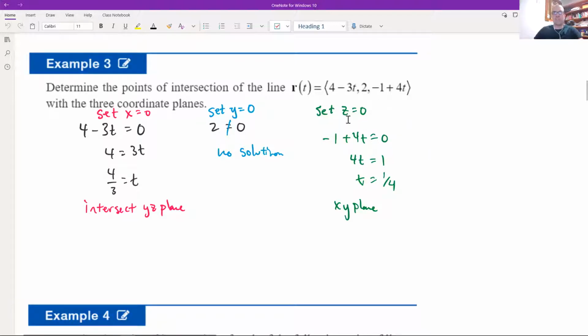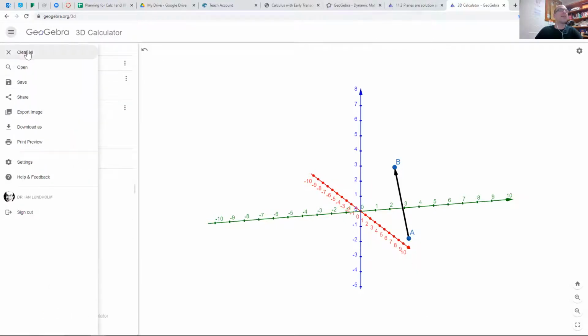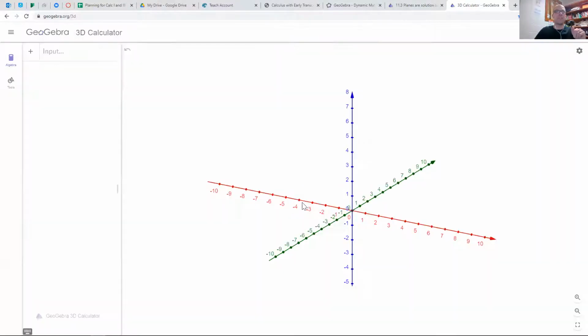And sure, why don't we just graph this real quick? Let's get rid of the stuff that we had last time. Clear. All right. We have the line 4 minus 3t.